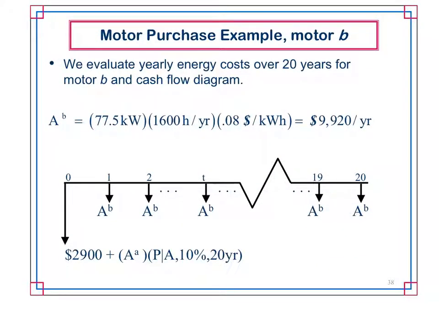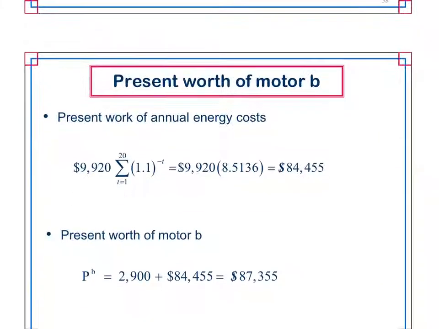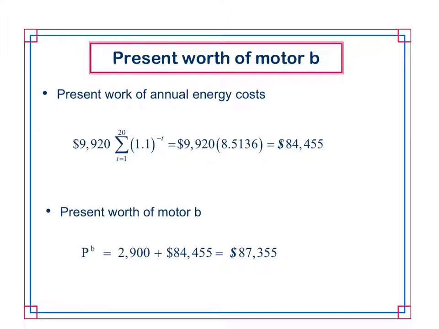Let's do B, and instead of the $10,120 or whatever it was, it's only about $250 less energy consumption a year. So we're going to do the same thing and do our present value. So our present value is $87,355.